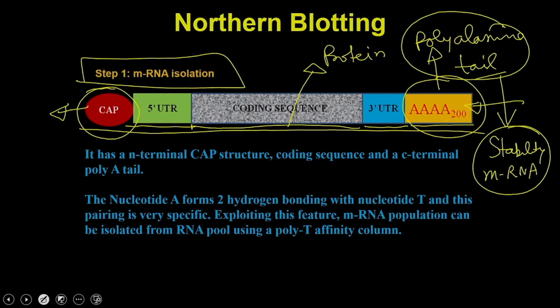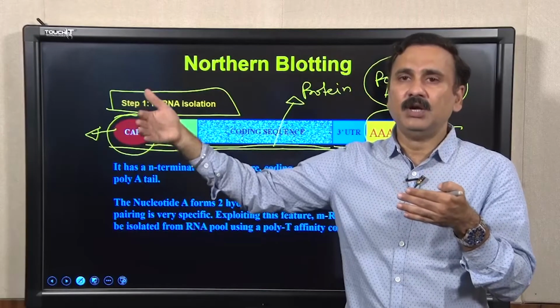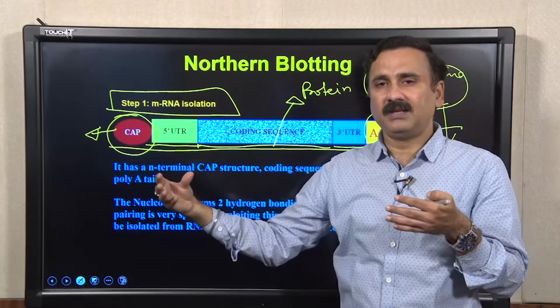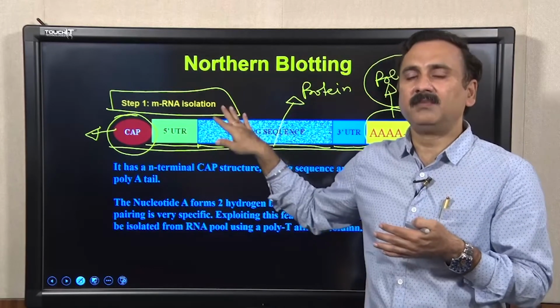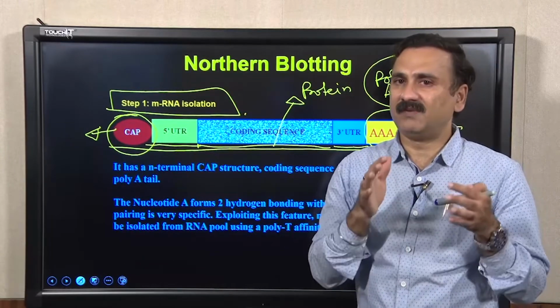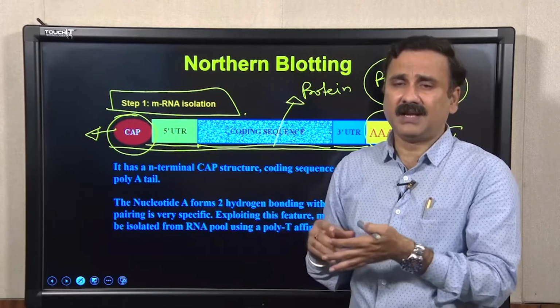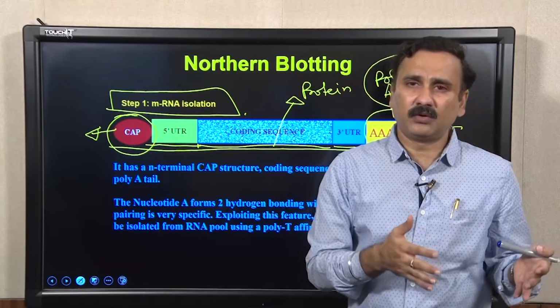So, because the RNases should not reach the coding sequence, the RNA is modified and a poly A tail is added. That poly A tail length is used by the RNases to chew the messenger RNA, and the time the RNases take to chew the messenger RNA is the time until which this messenger RNA is going to be functionally active for synthesizing proteins, and that is how it decides the age of this messenger RNA within the cytosol.